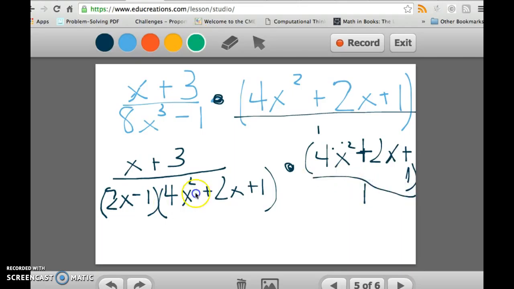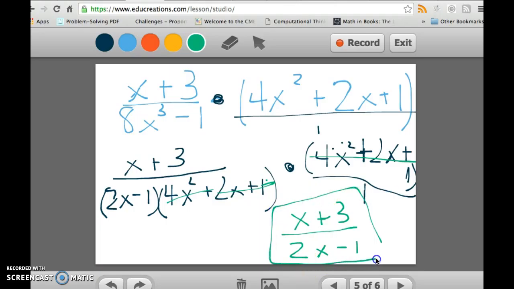And so these cancel, this and this. And you're left with, for your final answer, x plus 3 over 2x minus 1. Again, x and 2x are like terms, but that doesn't matter because we're dividing, not adding or subtracting. Therefore, we can't get any closer to a final answer than that.